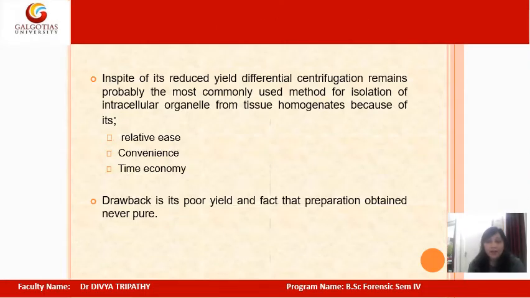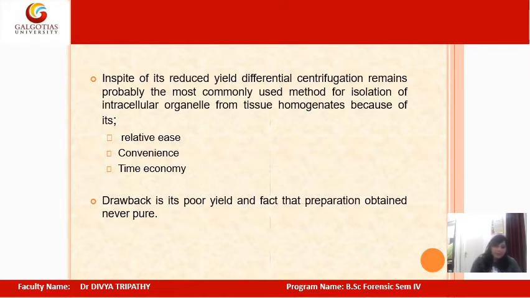Now, what are the advantages and disadvantages of differential centrifugation? In spite of its reduced yield, differential centrifugation remains probably the most commonly used method for the isolation of intracellular organelles from tissue homogenates. This is because of its relative ease: it is easy to handle, convenient to carry in the lab, and economical in terms of time.